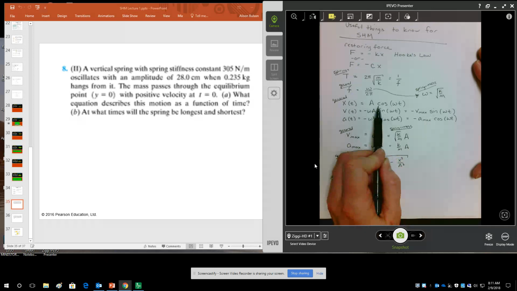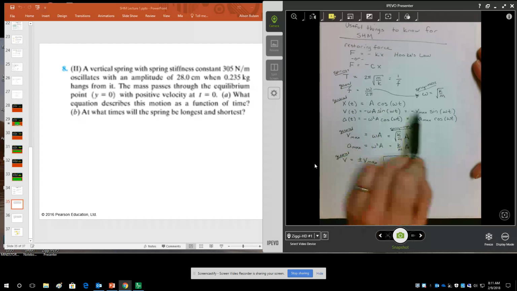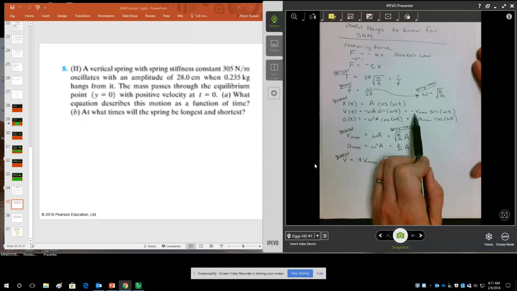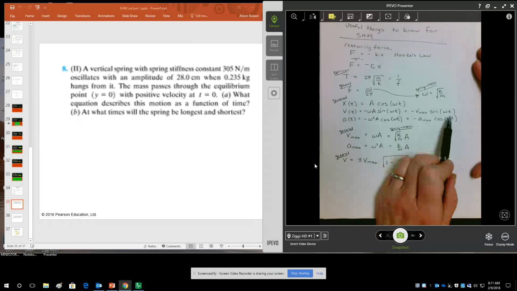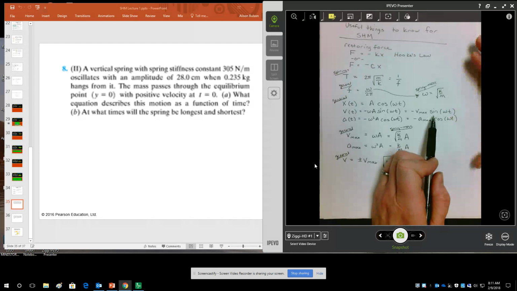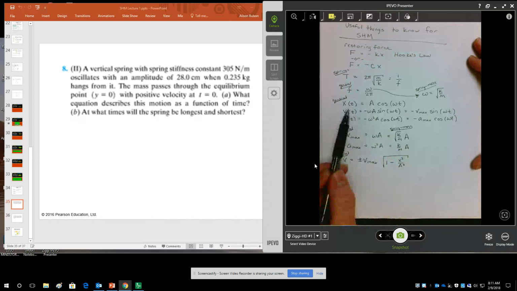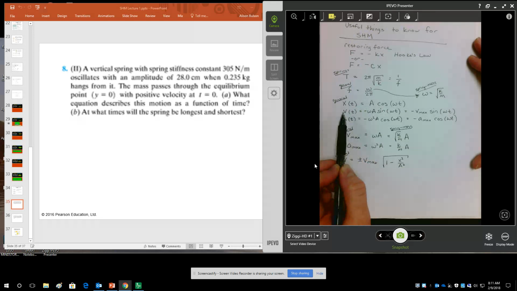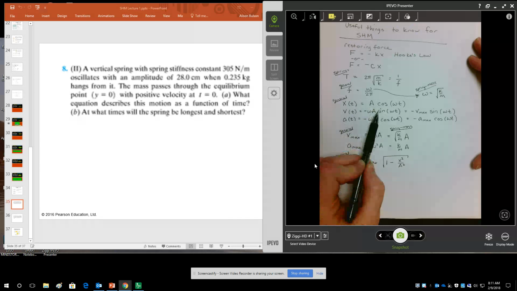Again, if the cosine function for position needs to be a sine function based on initial conditions, then this sine function will become a cosine function and will change the sign. The reason for that is derivatives and calculus, and we're not really going to go there, but if you are familiar with calculus, you know that you're taking the derivative of the position function to get velocity, and the derivative of the velocity function to get acceleration, and these are derivatives of sinusoidal functions.